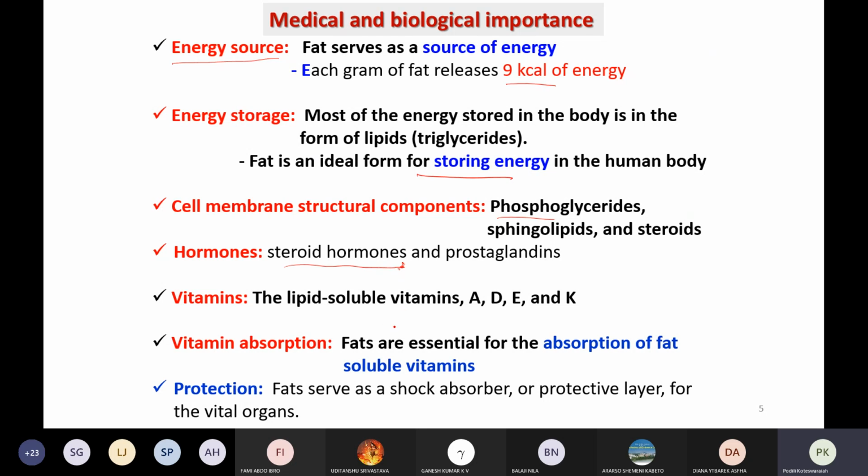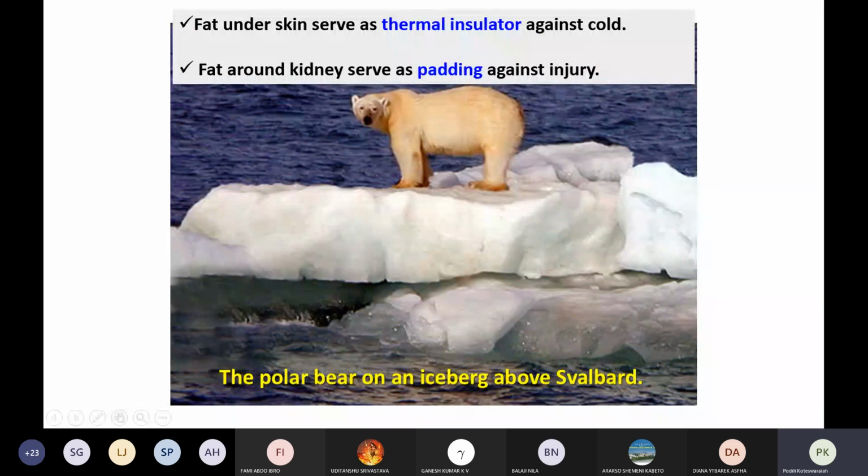And the lipids are also essential for the absorption of fat soluble vitamins, and the lipid present under certain organs can serve as a shock absorber. As a result, they protect the vital organs, and the lipid present under the skin can also act as a thermal insulator.